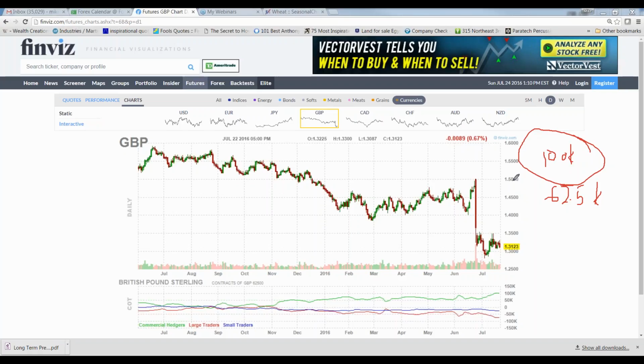So assuming that everything is this, I will go short, let's say in this case, 2 contracts of British pounds. And this is just a hedge for my net worth.